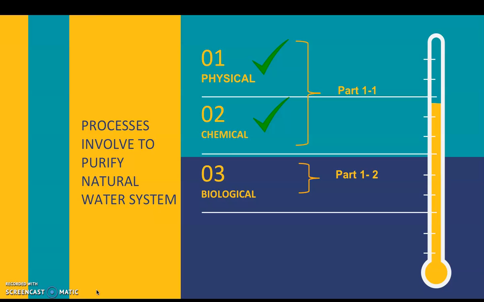Okay, the processes involved to purify the water can be divided into three, which are physical, chemical, and biological. In this lecture note, I will cover physical and chemical processes to purify natural water streams.